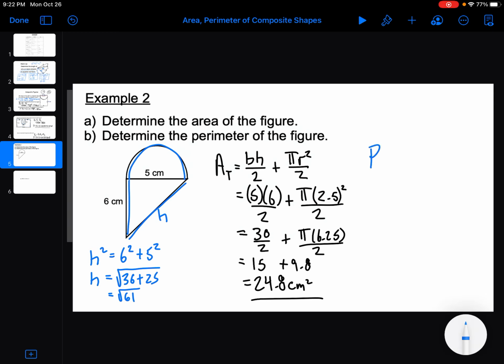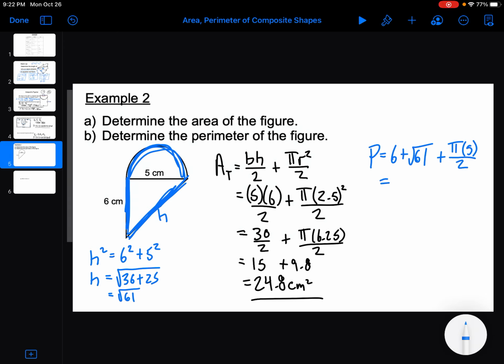Okay, so perimeter equals 6 plus, because that 6 is included, the hypotenuse is included, root 61, plus, and we have to do half of that circle on the top. So that's going to be half of pi times d. So pi times 5 over 2.